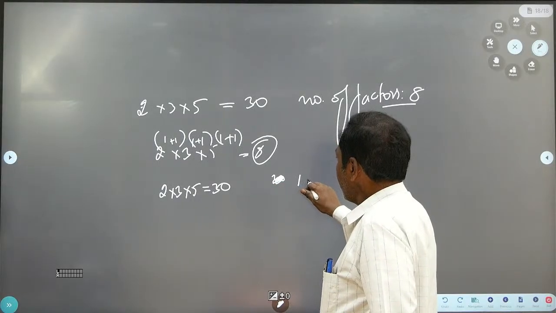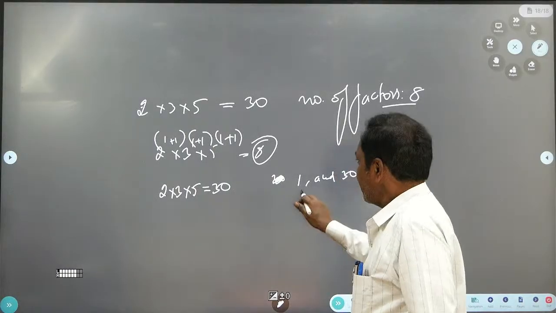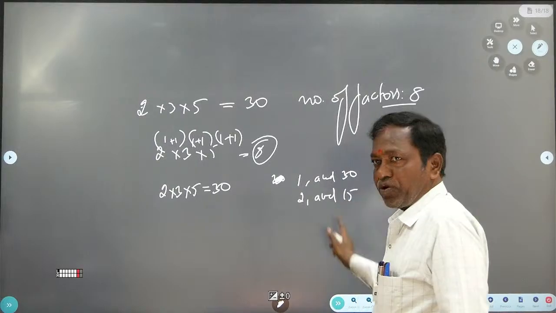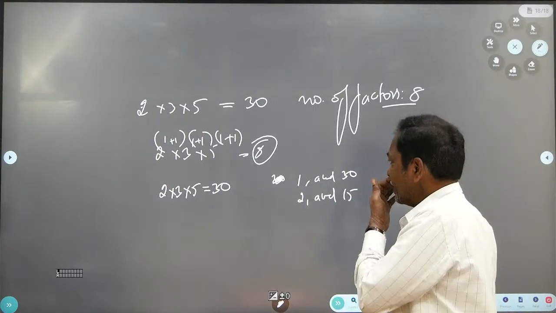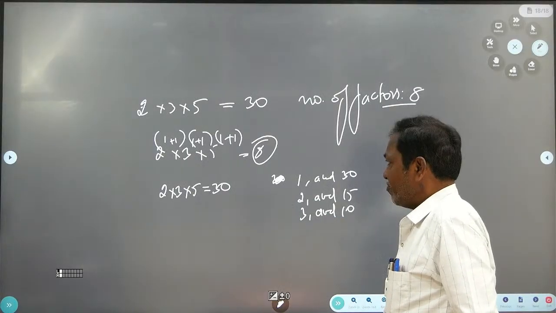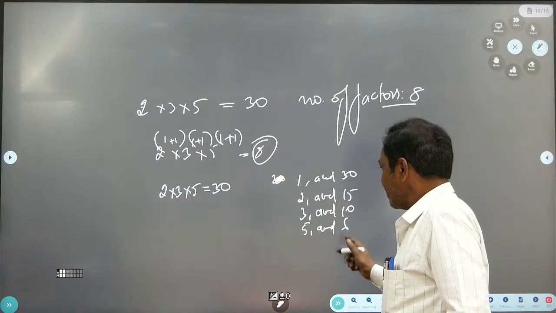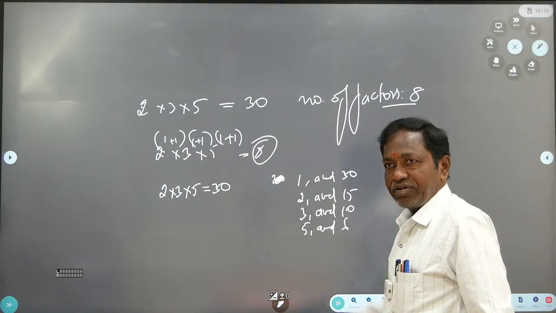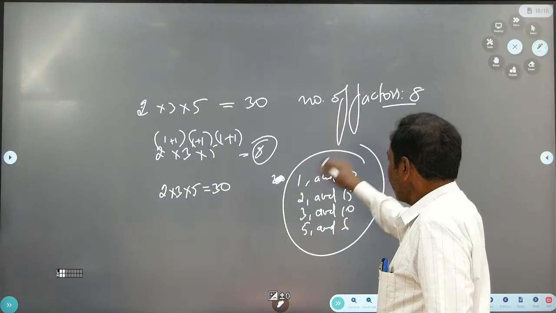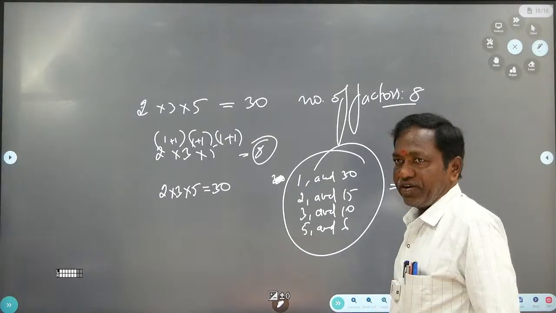Even 1 and 30 can be taken, right? And you can take 2 and 15, 3 and 10, 5 and 6, and 6 and 5 again reversing it will go, so leave it, stop there. It means there are 8 factors.